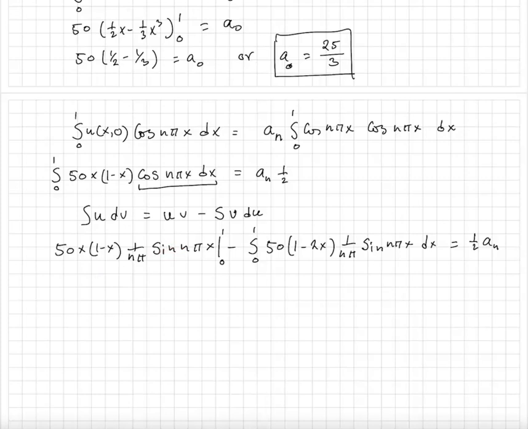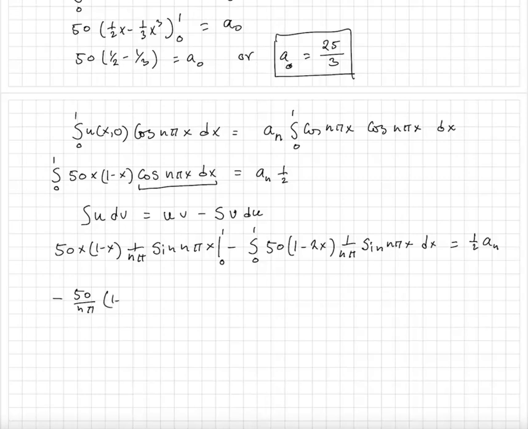Then we get another integral here. One more step of integration by parts, and now I have a minus sign. I have to be a bit careful. So I put a minus sign here, and I identify that 50 and 1 by n pi are constants that go out of the integral. Again, u dv.